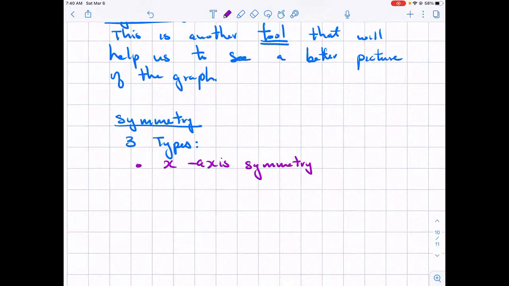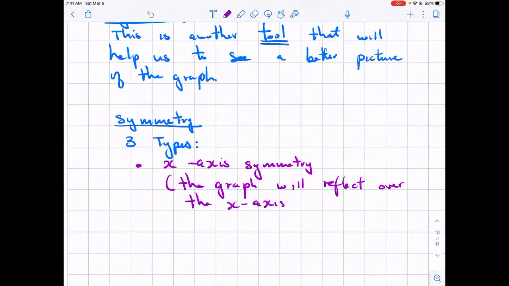An x-axis symmetry just means that the graph will reflect over the x-axis.